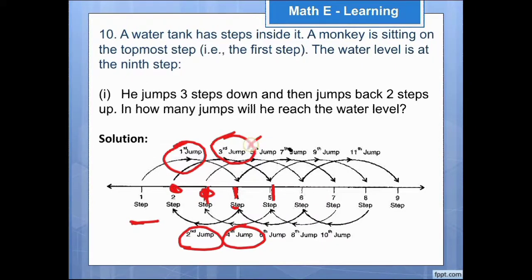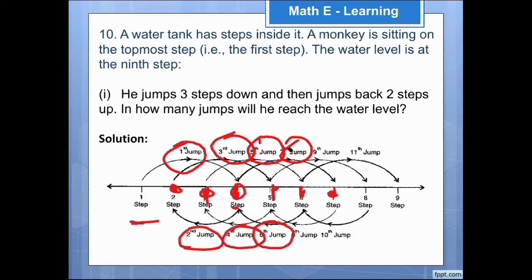Then after the 5th jump, 1 2 3, he reaches here. After the 6th jump, 1 and 2, he reaches here. Then after the 7th jump, 1 2 and 3, he reaches here.